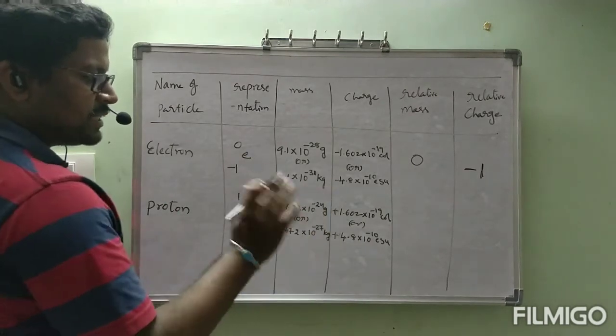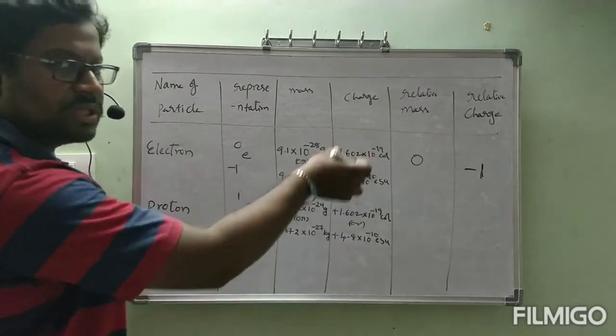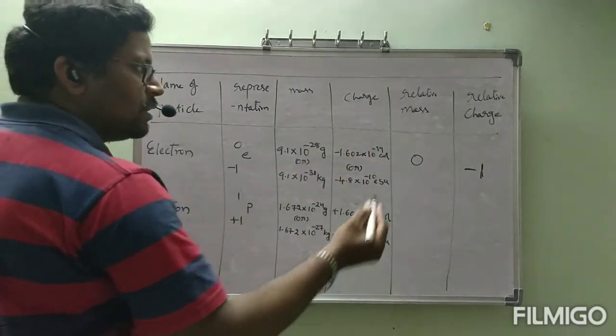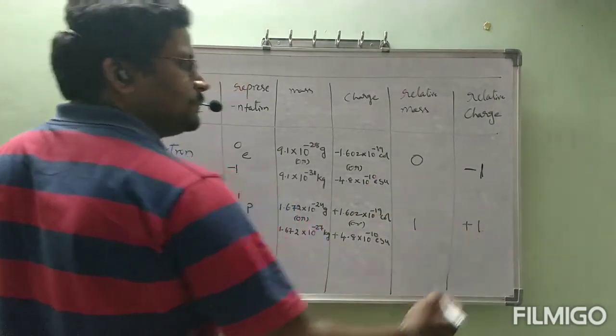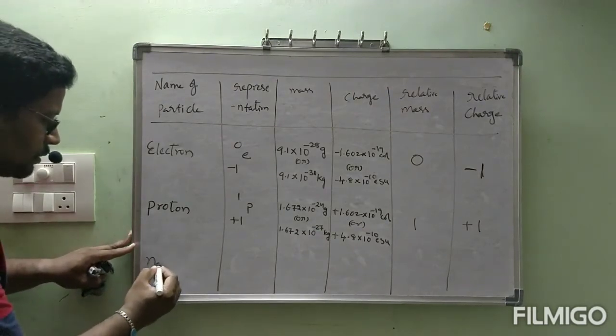This is plus, this is minus. That is the only difference between electron and proton charges. Numerically they are the same, but the representation is minus and plus. Relative mass 1, relative charge +1.